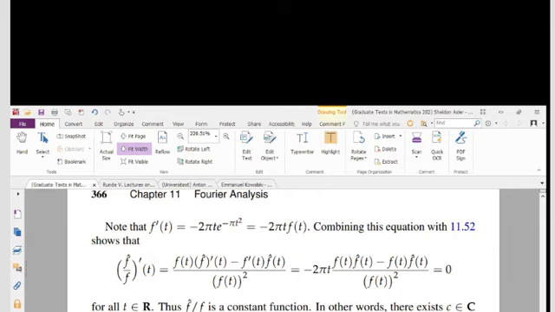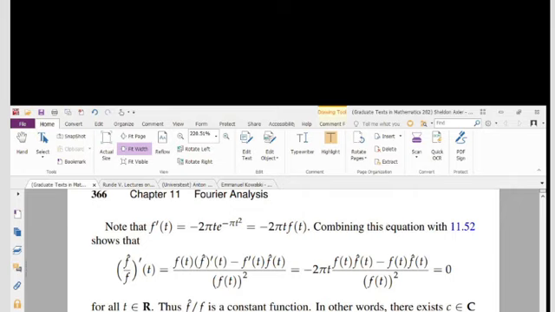And compute f hat of t, f prime of t, and f hat prime of t, okay, and this equal to 0, so that this derivation equal to 0 for all t.